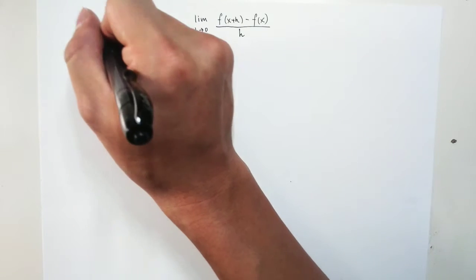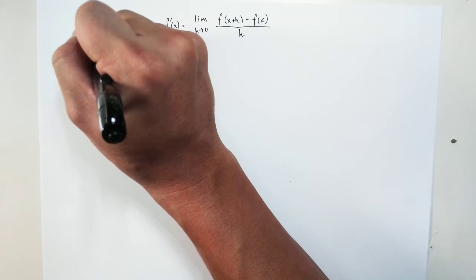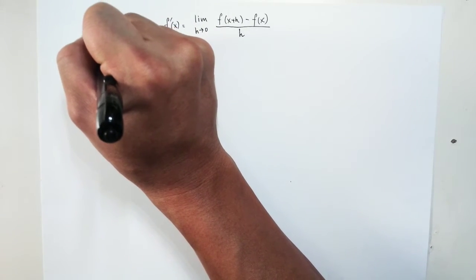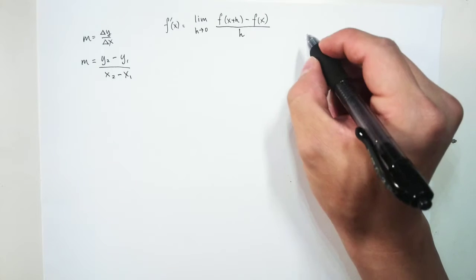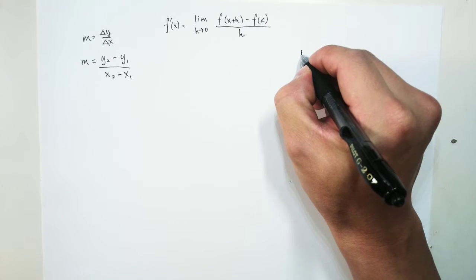Some people would also say m is equal to change in y over change in x. Either way works. Now let's draw a diagram to illustrate this.